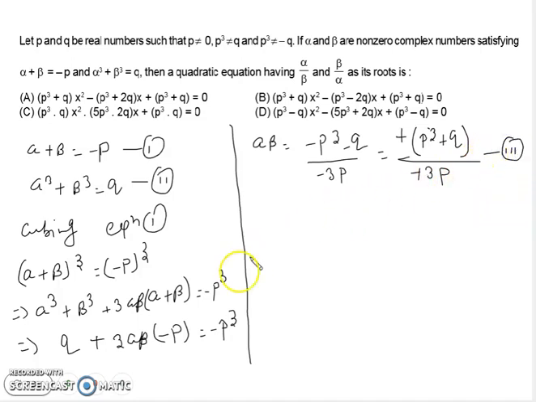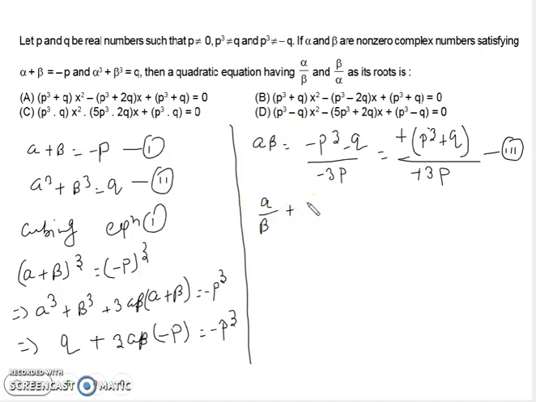And now we have to find the equation of the given roots. So what is given? Alpha by beta and beta by alpha are the roots.